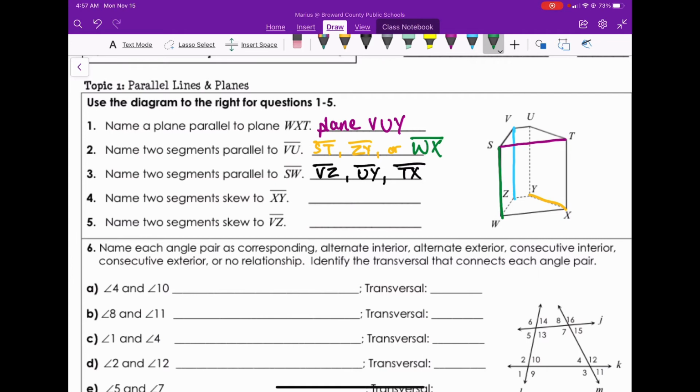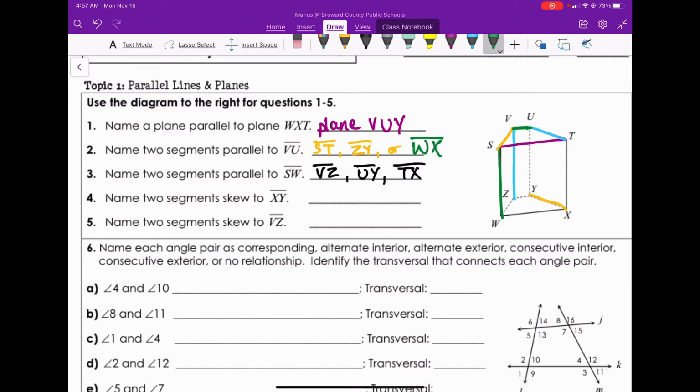Another person may say VS or SV. And the other lines that we could say would be, it's 2 other lines, excuse me, we could say UT, and we could say VU, okay?